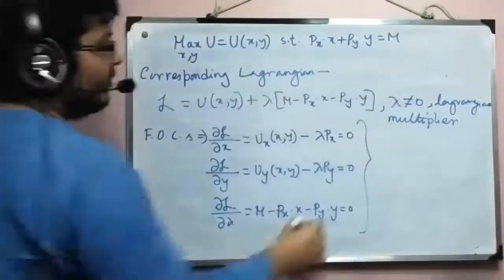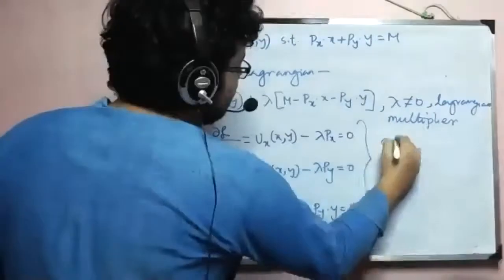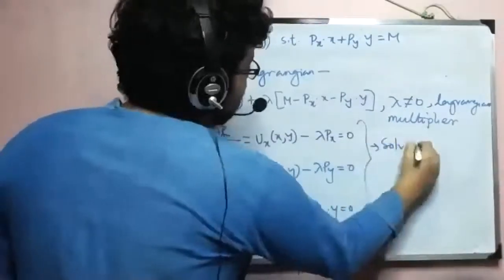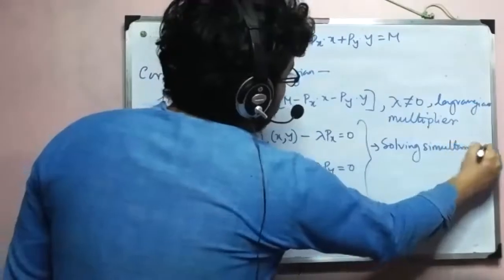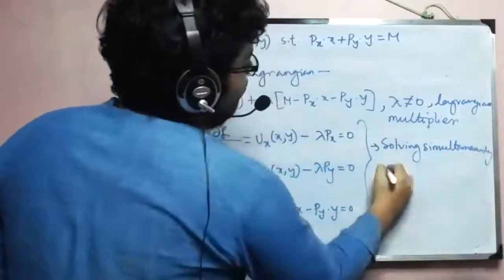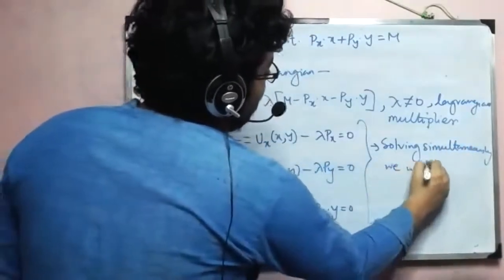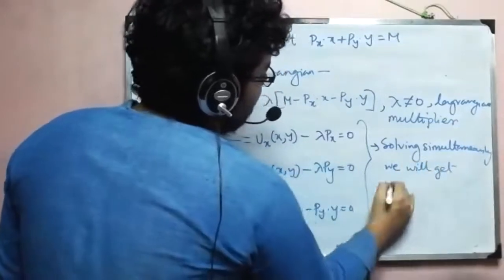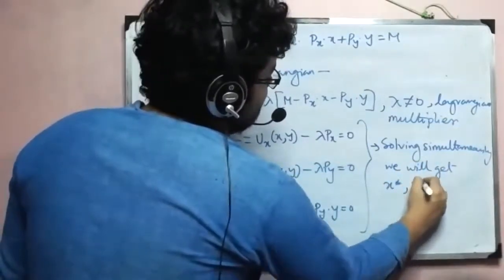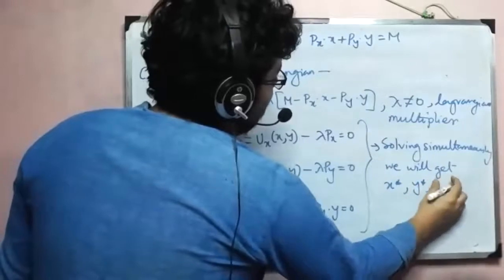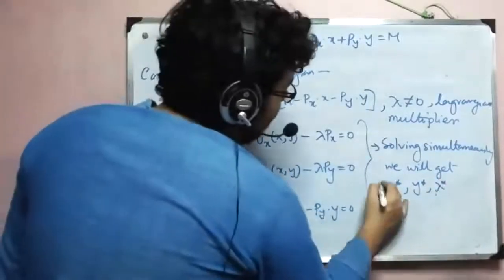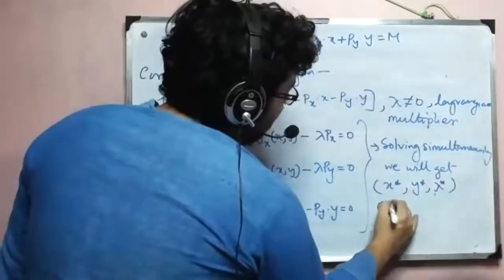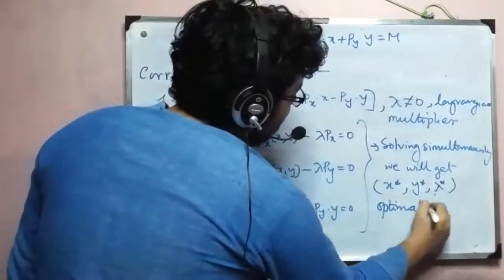Now we know that if we solve them simultaneously, we will get x star, y star, and lambda star. These are my optimal values.